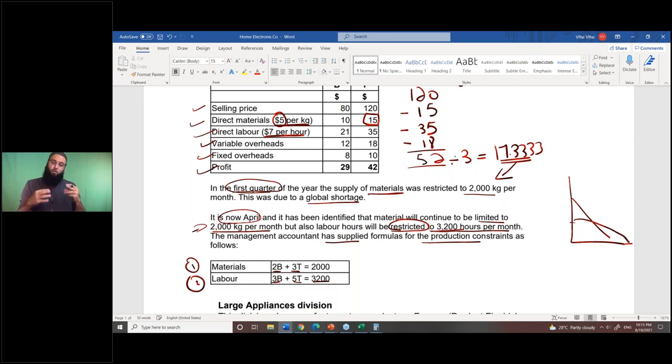Two limiting factors mean two lines on your graph. The intersection point coordinates you need to work out, and that you'll do through simultaneous equations. So it's a simple simultaneous concept.